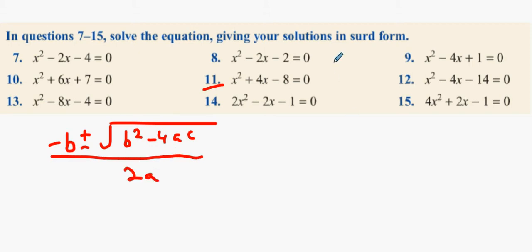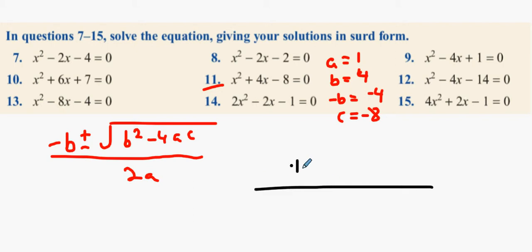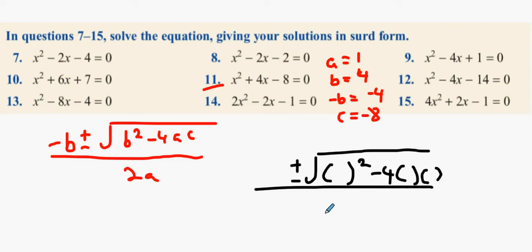So for question 11, a is 1, b is what, guys? 4, minus b is minus 4, and c is minus 8. Okay, no bother. Now what we're going to do next, guys, is this. We're going to have a plus or minus, the square root of something squared minus 4 times something, all over 2 times something. Okay, guys, you happy enough with that?